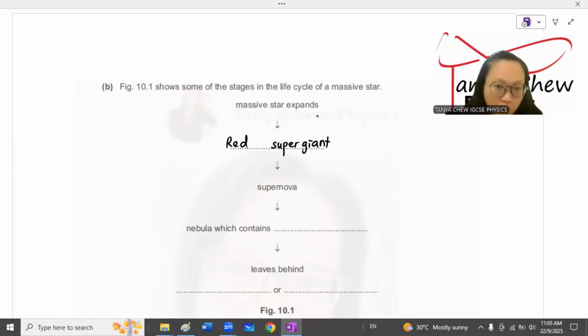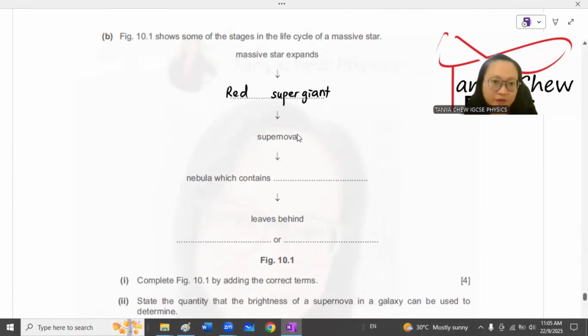We call it a supernova, give out a lot of heat, a lot of light here. And it gives out nebula, which contains, because this is a massive star, heavy elements, the elements which are heavier than iron in your periodic table.